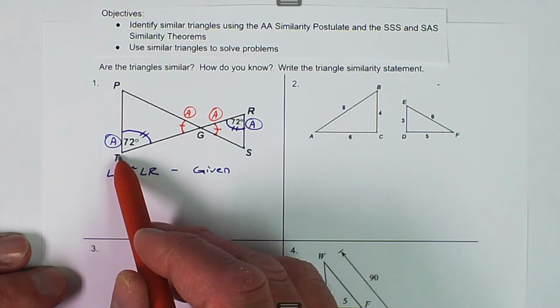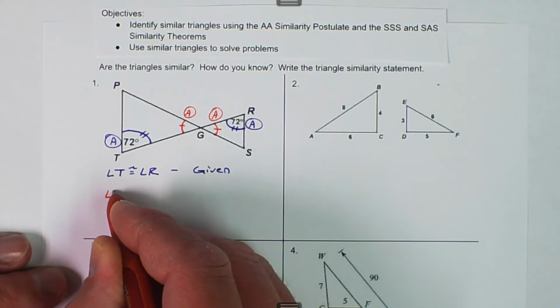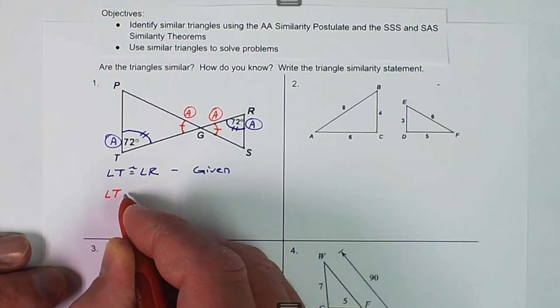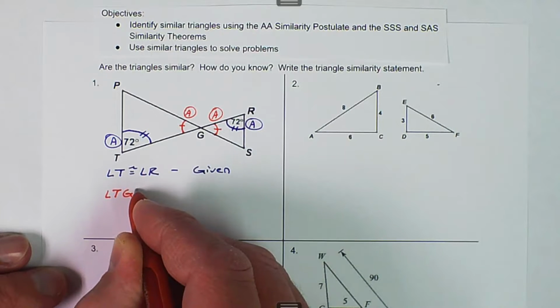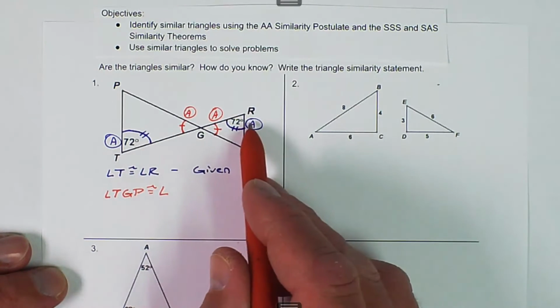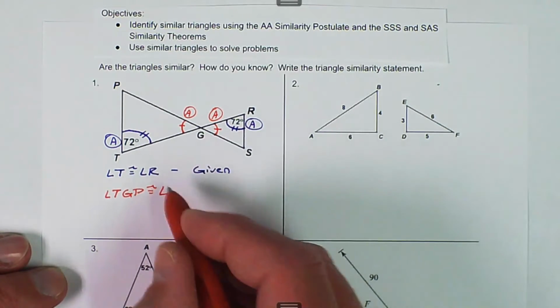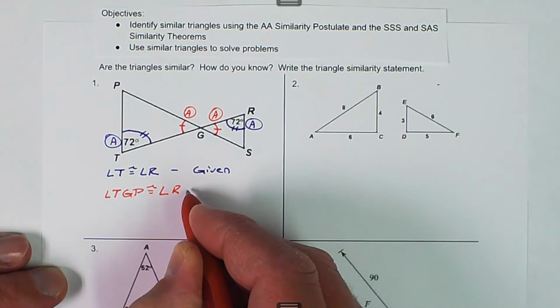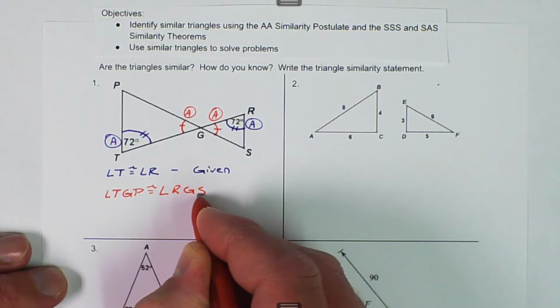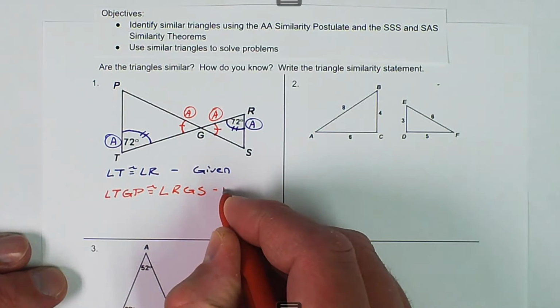Where there's 2 congruent marks, that's angle T or vertex T. So we can say angle TGP is congruent to angle, and we want to go 2, 1, 0 the same way, so 2 is going to be angle RGS, and that is by vertical angles.